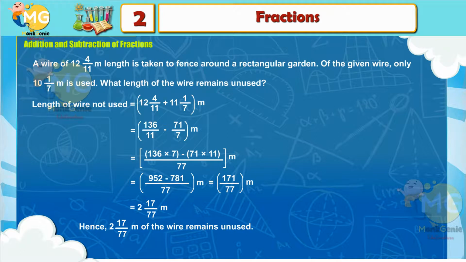Hence, 171/77 meter of the wire remains unused.